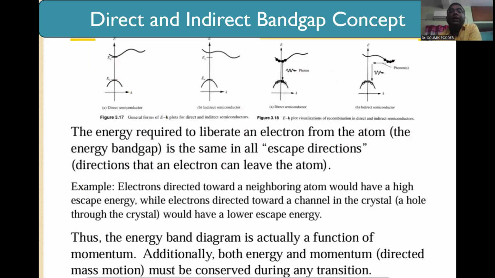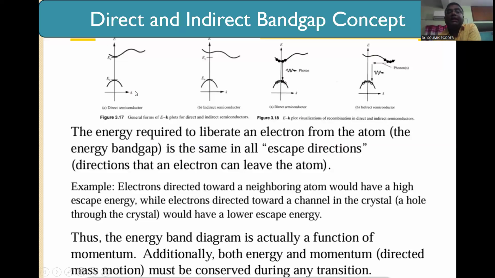Now, going to the direct and the indirect band gap concept. In the direct band gap concept, the conduction band minima and the valence band maxima will be at the same position for the value of K. K is called the wave vector.